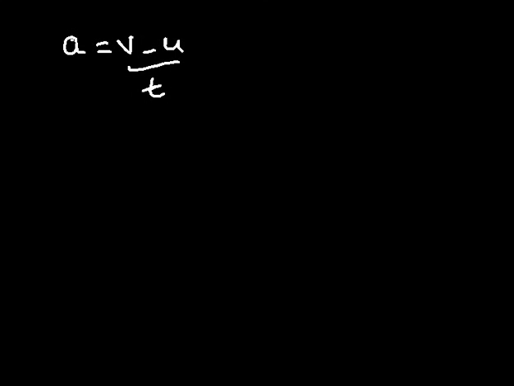So whenever an object is moving fast, it means initial velocity is less than the final velocity. Hence acceleration is usually positive. But whenever an object is moving, let's say, slow, it means final velocity is less than the initial velocity, and basically acceleration becomes negative.